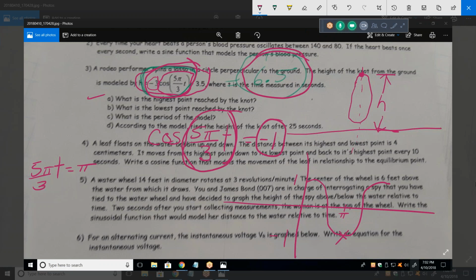Okay? All right. Now, we've got to solve that. We've narrowed it down to 5 pi over 3 times t equals pi. Let's solve that equation. How do you solve that equation for t? You're looking for your last line to be t equals something. What's the first thing you can do? Multiply by 3.